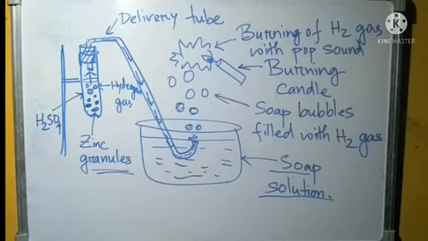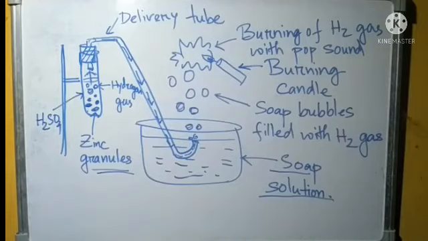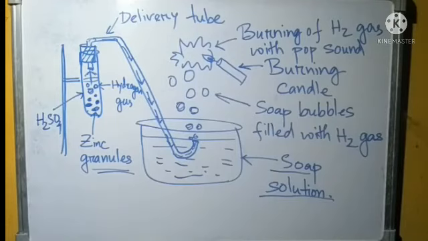Now what will we do? We will bring a burning candle and try to touch some of the soap bubbles with its flame. What will we see? The hydrogen gas present inside the soap bubble will burn.